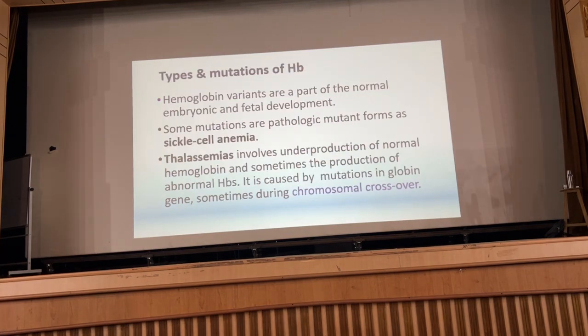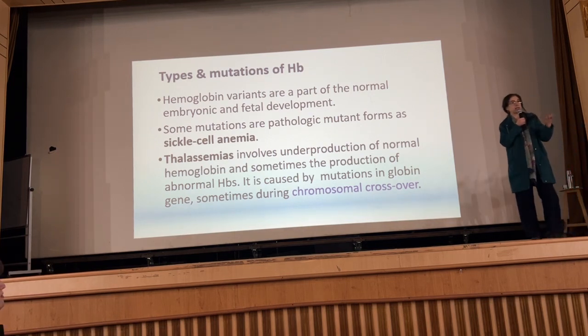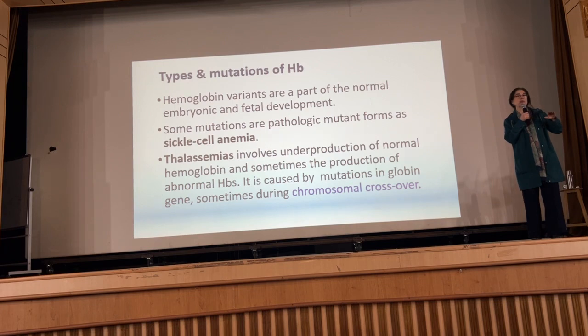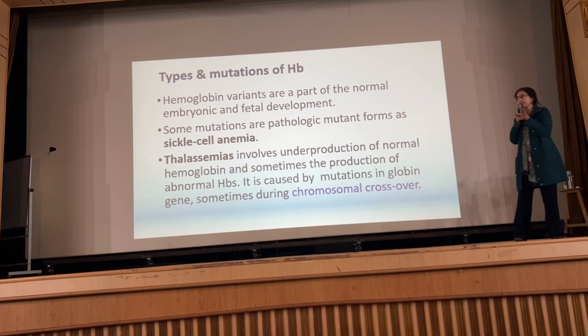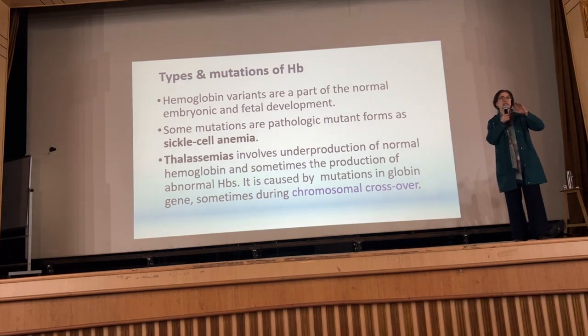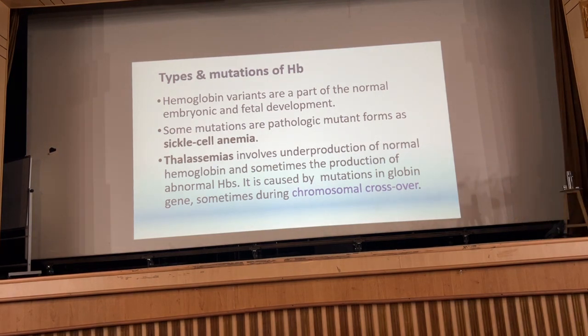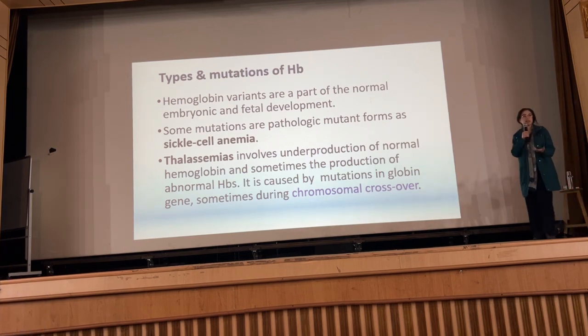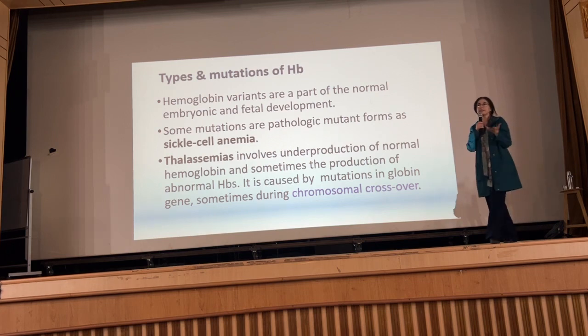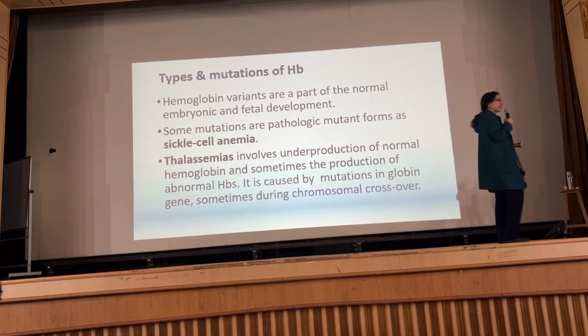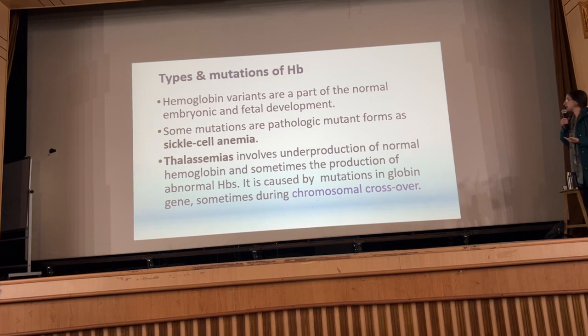Okay. Types of hemoglobin exist in a normal human being, because hemoglobin is slightly different in the number and type of subunits in fetal hemoglobin and embryonic hemoglobin, and they differ from adult hemoglobin. So what I've been describing so far is mostly adult hemoglobin. In addition to that, we have mutations in normal adult hemoglobin, like in the case of thalassemia and sickle cell anemia.